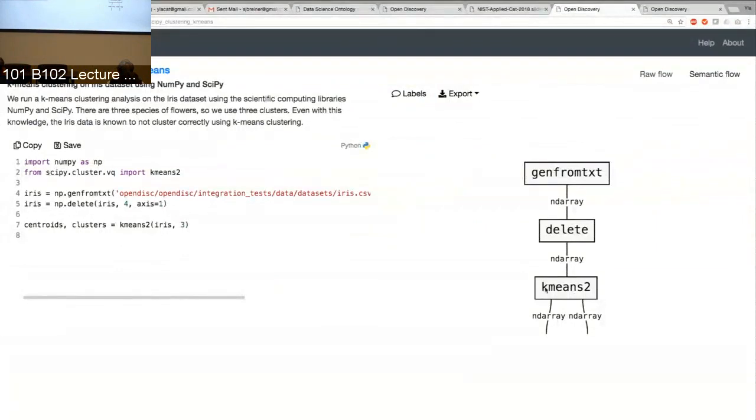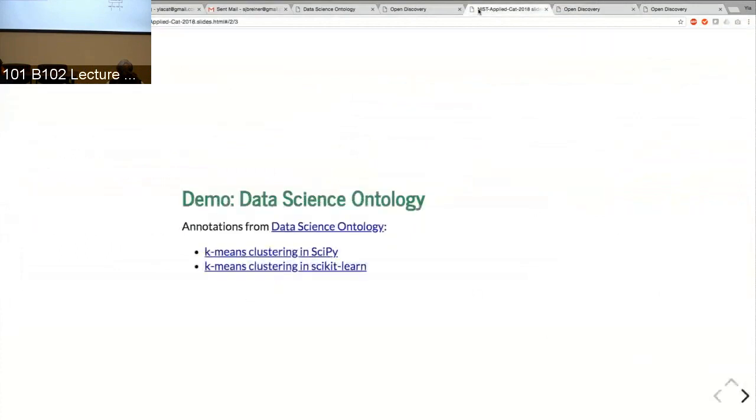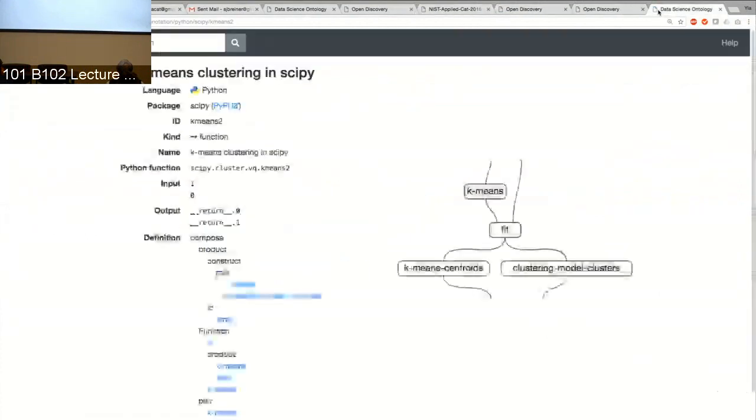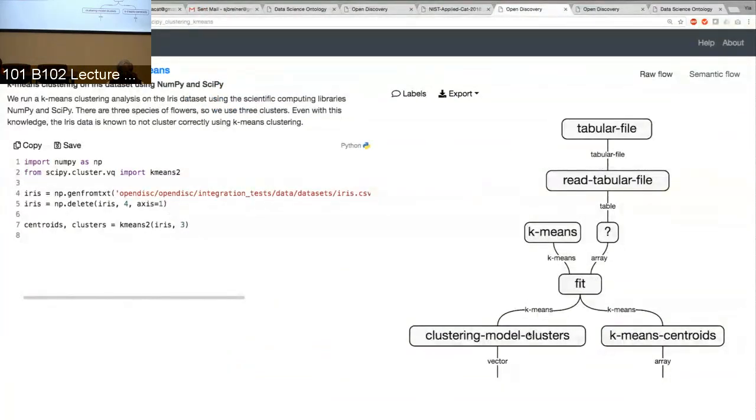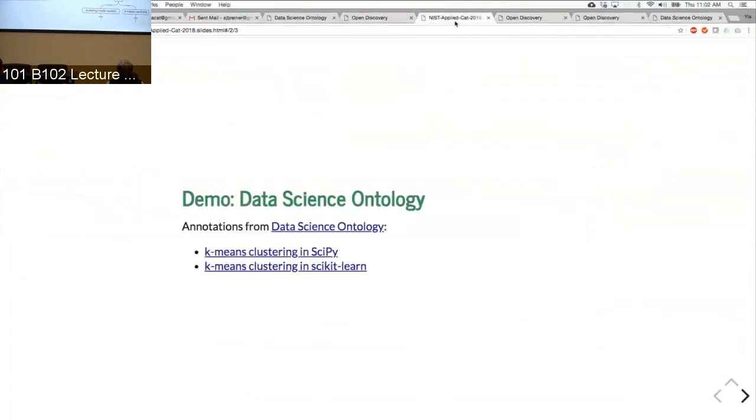This k-means2 function has an annotation which explains how this translates into a whole program in the abstract language of concepts. And if you go back to this, you can see how in the expansion process, this single box will be expanded into a subdiagram. So that's at a very high level.